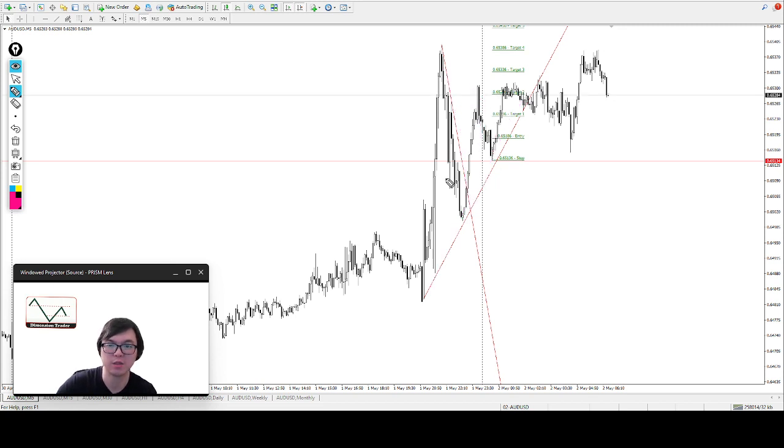As we can see, this is the dimension 2. Okay, this area is dimension 2 right after the New York close, along with a trend line and moving all the way up to target 4 for the risk of 5 pips.